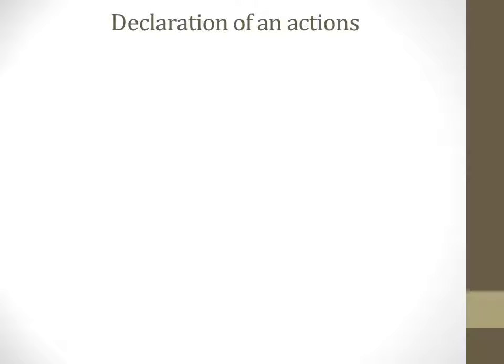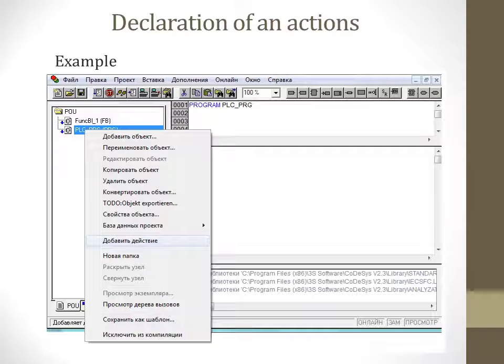So let's talk about declaration of actions, and we will show how we can declare actions from the next picture. This picture is a fragment of the Codesys programming tool. As we see, we have some POUs in our POU tree.